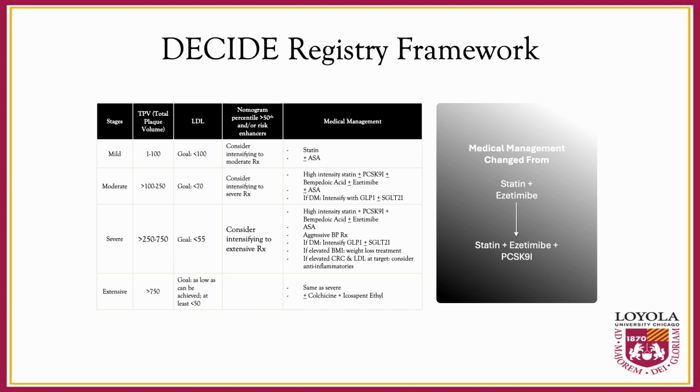Real world impact on this medical management is being studied in the DECIDE registry, which is the largest prospective registry of its kind with a target of approximately 20,000 patients. Now, based on this rubric, medical management was intensified for this patient with the addition of a PCSK9 inhibitor to target an LDL as low as can be achieved.